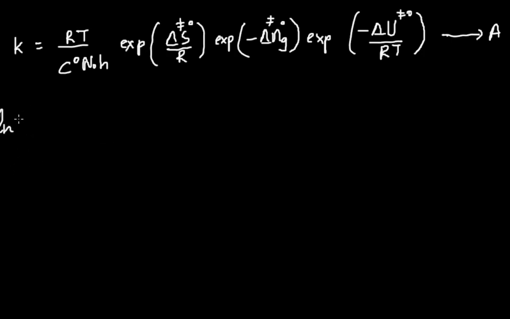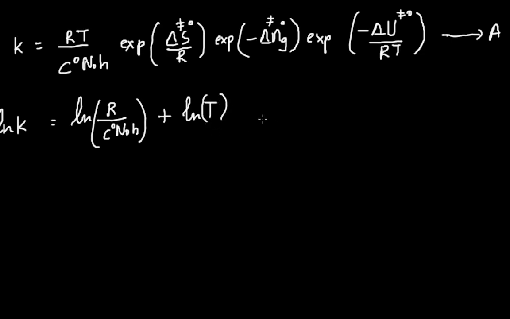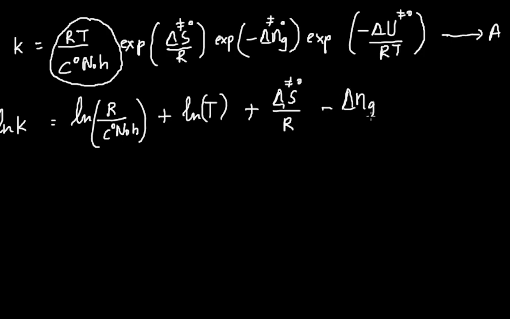Now what will your ln K be? Ln K will be ln R divided by C naught N naught h, plus ln T. See, essentially we are splitting this up. Plus what is ln of this? Ln of the exponential is going to be delta S by R minus again delta Ng minus delta U by RT.